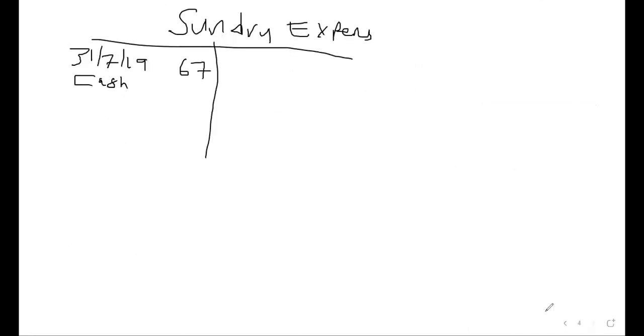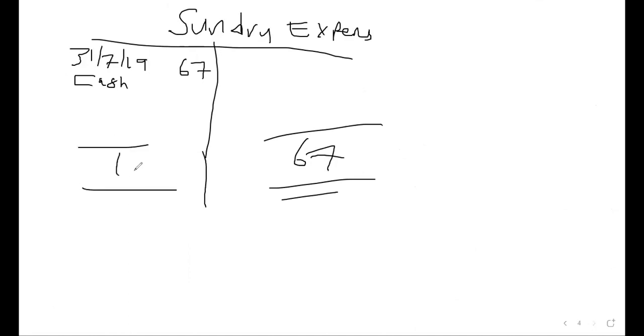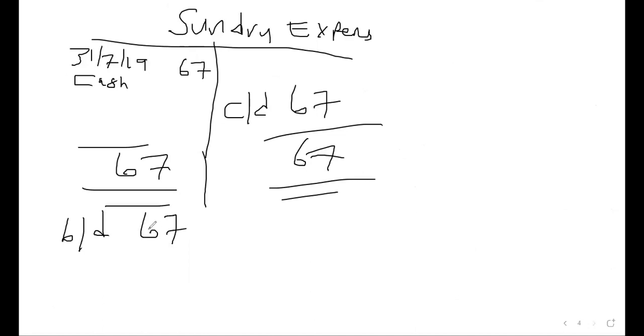All right, so sundry expenses, 67, and then here, 67. Cut it down, 67. Brought down, 67. So we have balanced off the accounts.